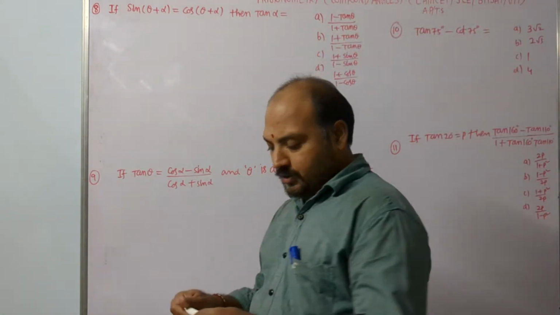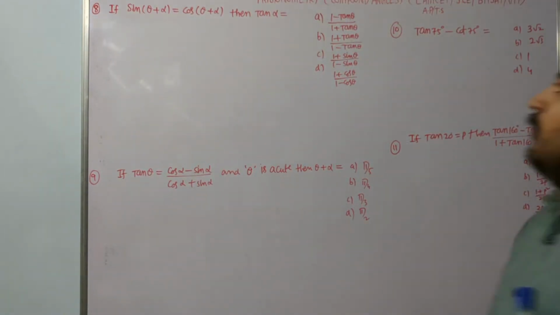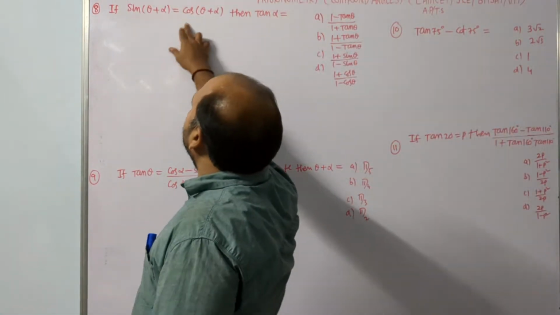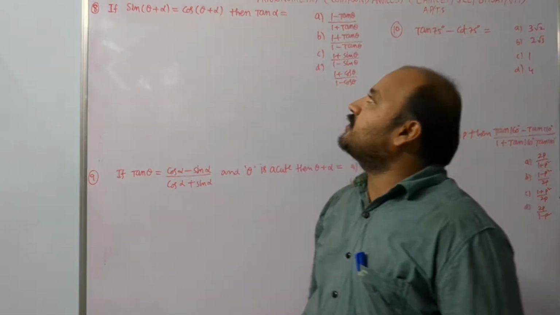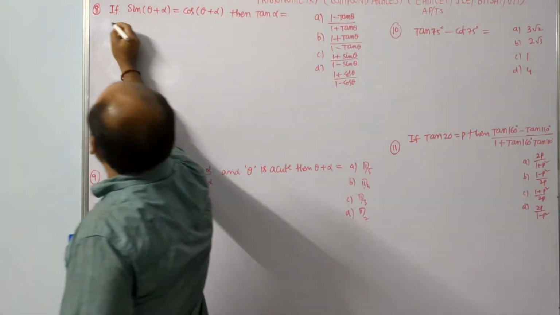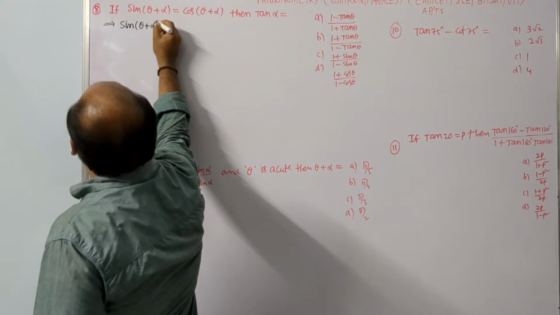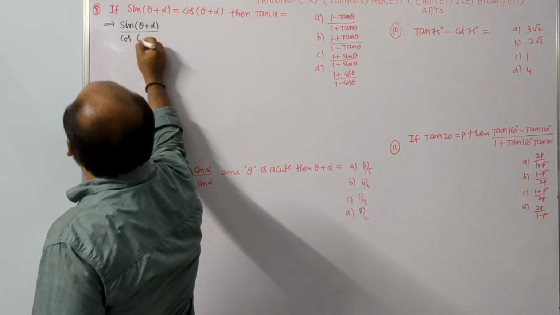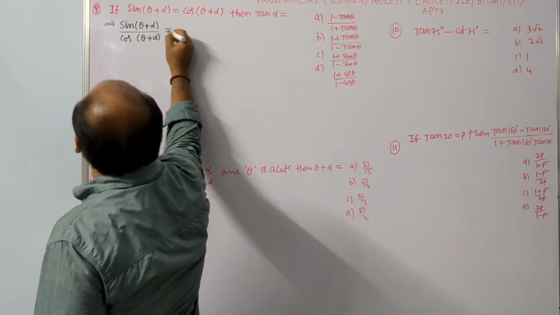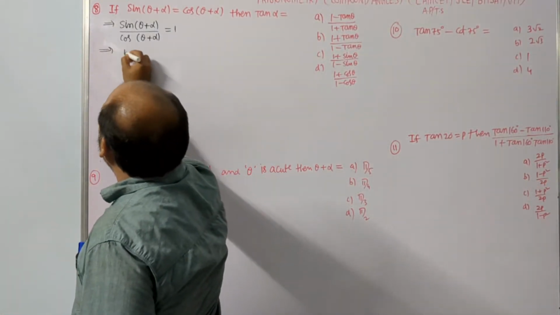Yeah, the question is, if sine of theta plus alpha equal to cos of theta plus alpha, then tan alpha. So cos of theta plus alpha, bring this side. Sine of theta plus alpha by cos of theta plus alpha is equal to 1. So that implies sine by cos is tan.